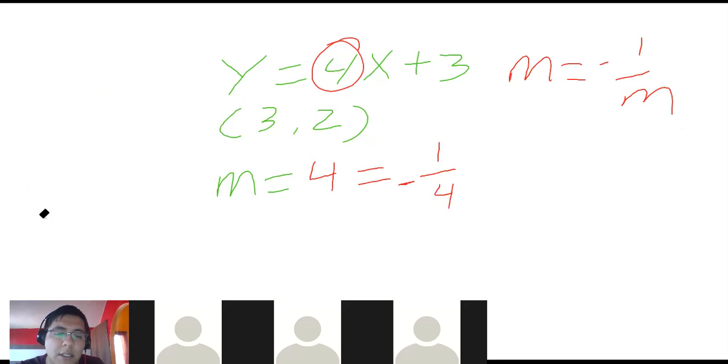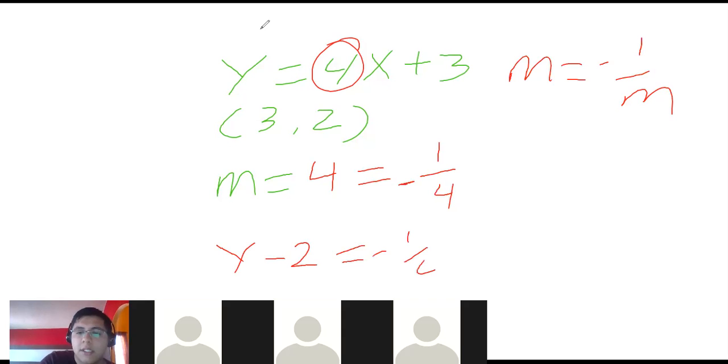Remember the rule that we just did, up here in the upper right corner: our m turns into -1/m. So that's the same thing that happens here. Our 4 turns into -1/4. Okay, so now that we know the slope that we need, let's put in our formula. y minus 2 is equal to -1/4 times (x minus 3).